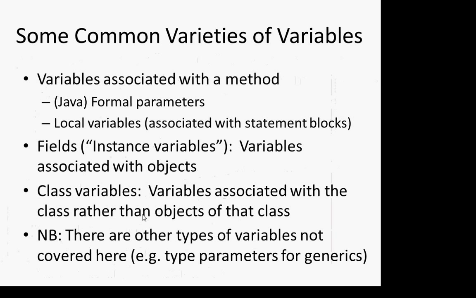All of these variables, ladies and gentlemen, are names for locations. Virtually all. So formal parameters, local parameters, fields, and class variables. They're all just names for locations that hold values. They hold values, and those values can change over time.